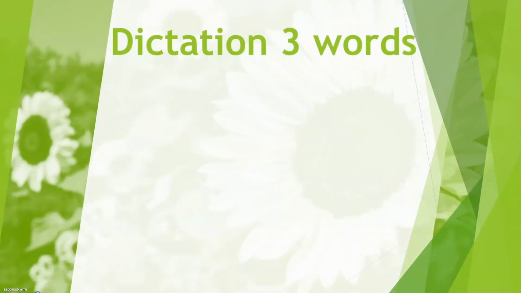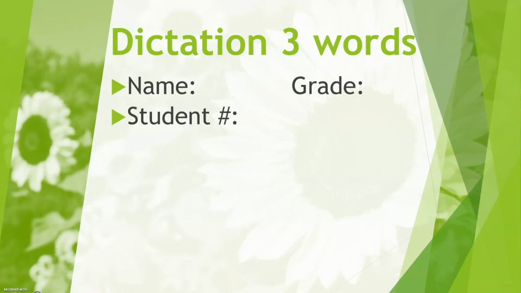Now let's do our dictation of 3 words. So please get one piece of paper or in your notebooks and write your name, grade, and student number. Now let's begin. Our first word, number 1, spell the word anchor.